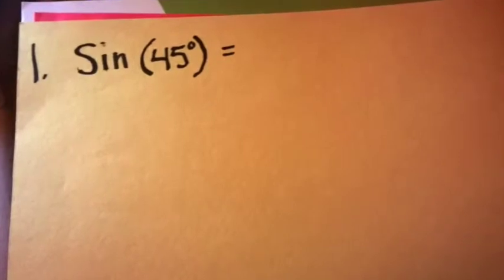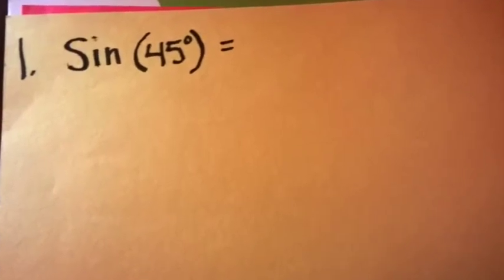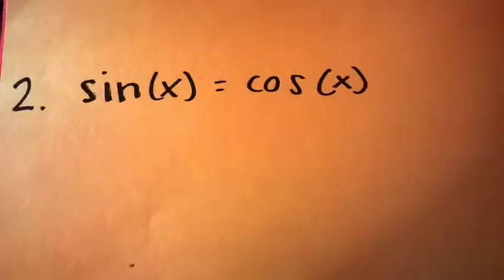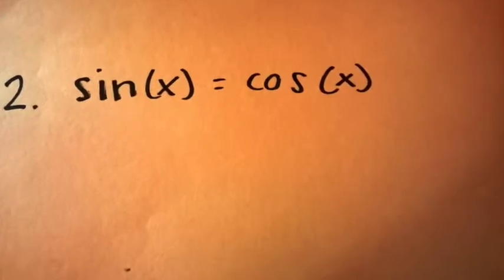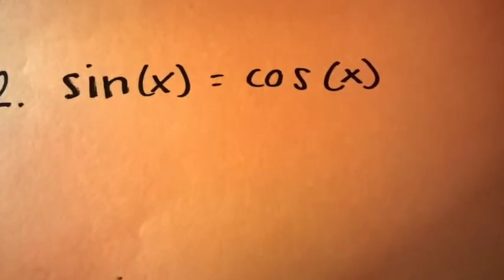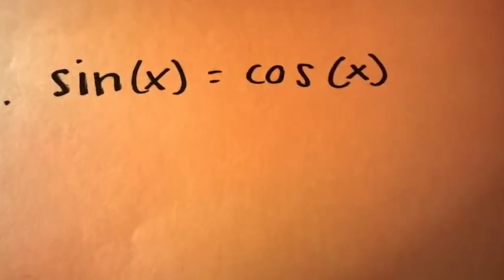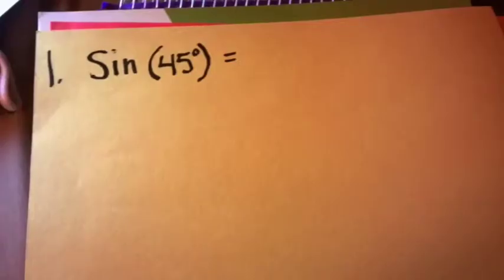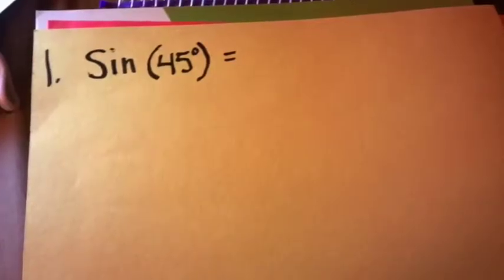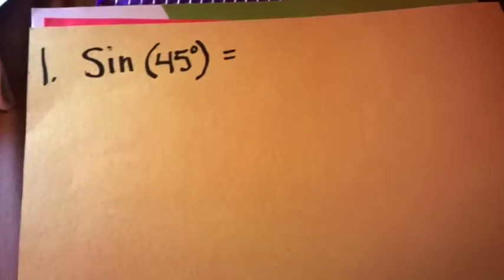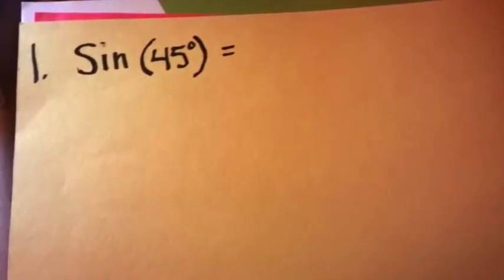So here are some examples of equations that can be solved using the unit circle. So for the first example, there's sine 45 degrees. And this problem is pretty self-explanatory if you pay attention in pre-calculus.